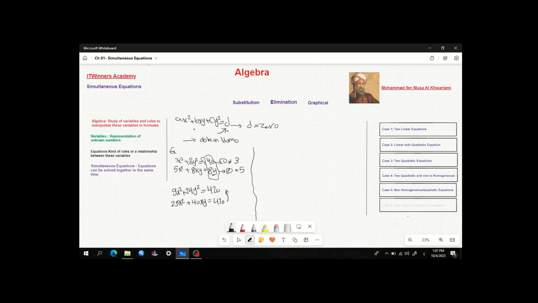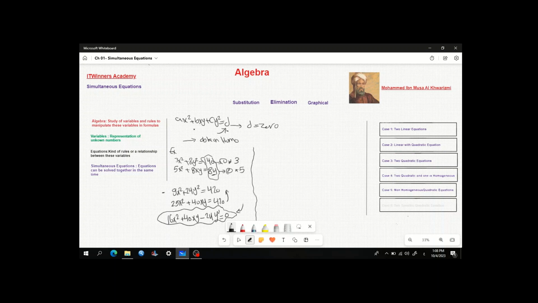Let's do that. Now I have 16x squared plus 40xy minus 24y squared equal to 0. Now I have a homogeneous equation, so I can solve it for x or y in terms of the other variable.